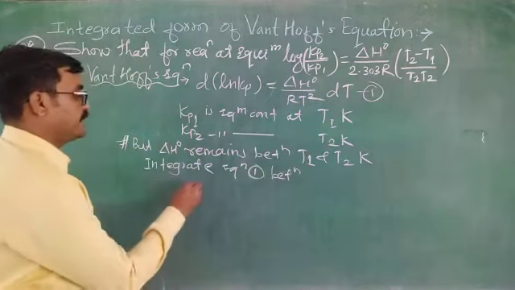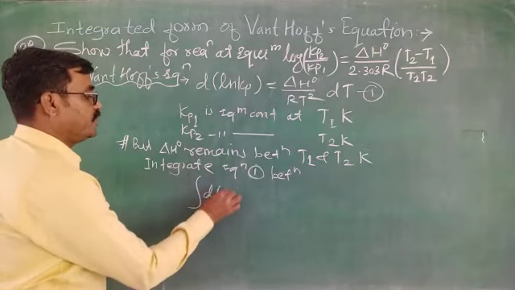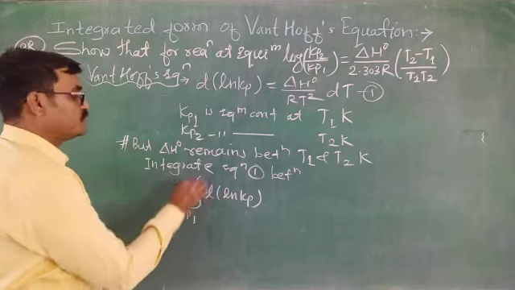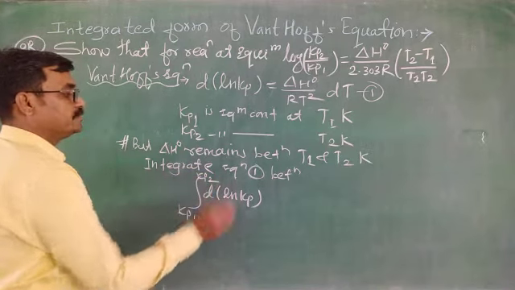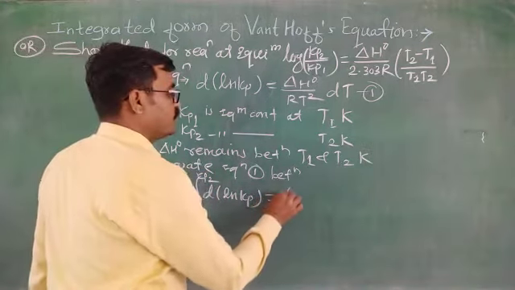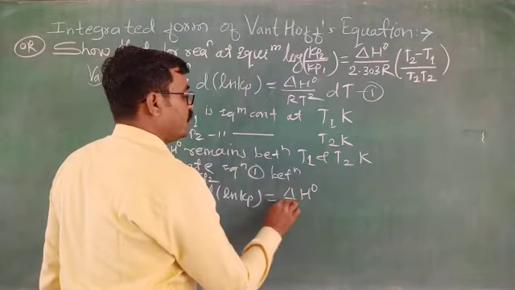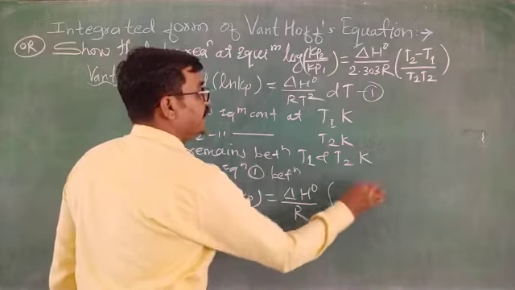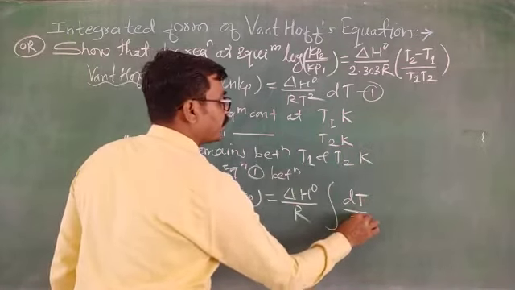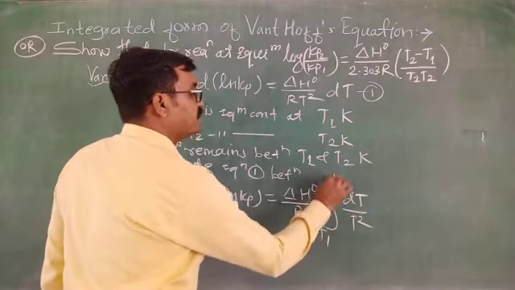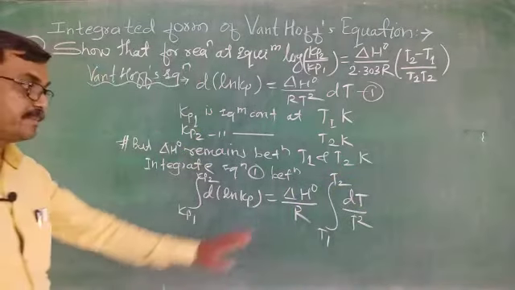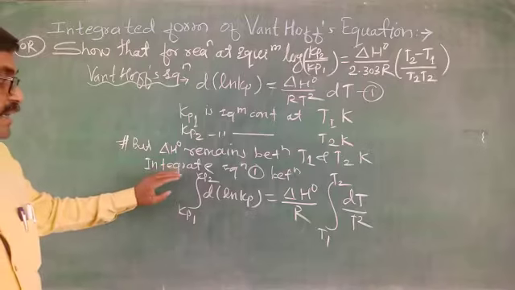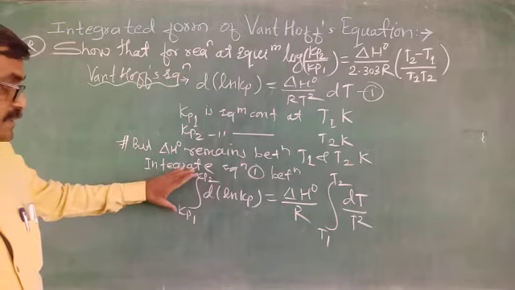Now the integration of the derivative of ln Kp, limits Kp1 to Kp2, is equal to delta H0 upon R constant, into the integration of dT upon T square, limits T1 to T2. Very simple.